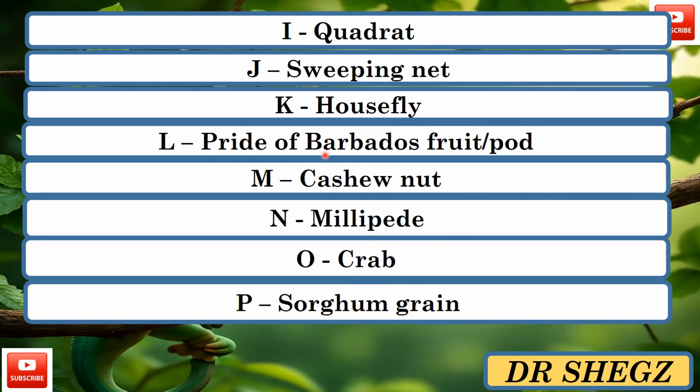Specimen I is quadrat, J sweeping net, K housefly, L pride of Barbados, M is cashew nut, the nut of the cashew, not the cashew apple, N is millipede, O is crab, P is sorghum grain.